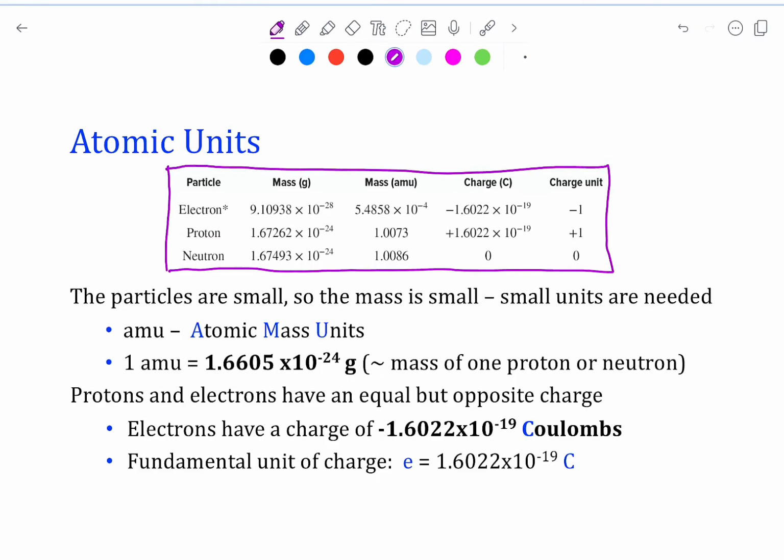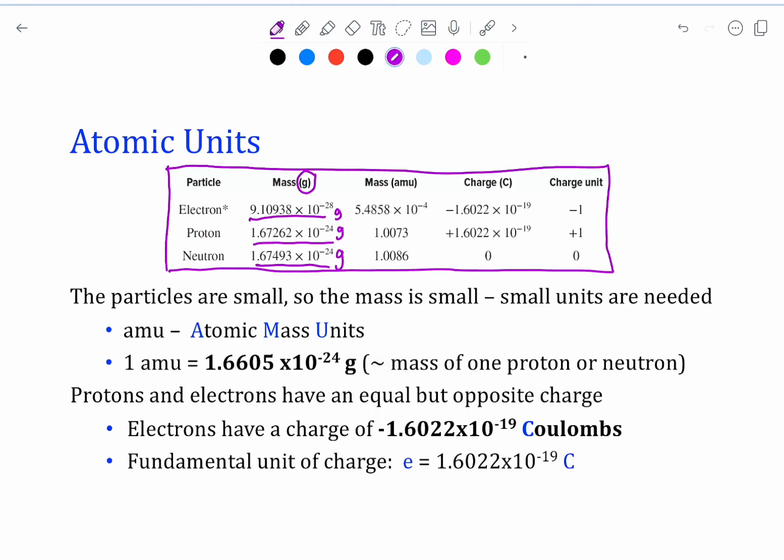So we found the mass of the electron to be 9.10 times 10 to the minus 28. The proton is significantly larger in its mass. It's 1.67 times 10 to the minus 24, so they're off by 4 factors of 10. And the neutron has about the same mass as the proton. Now, these masses are recorded in grams.